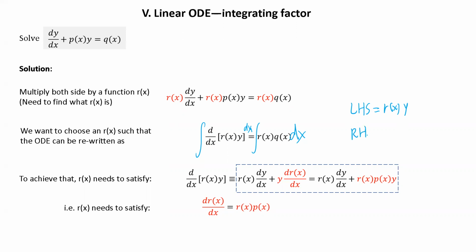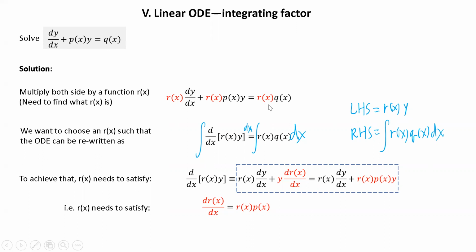And the right hand side is the integral of r of x q of x dx. They are all functions of x only, so you should be able to do it. Then you know y is just this integral divided by r. Therefore, the key to solving this ODE is finding r, the function that you multiply to both sides.